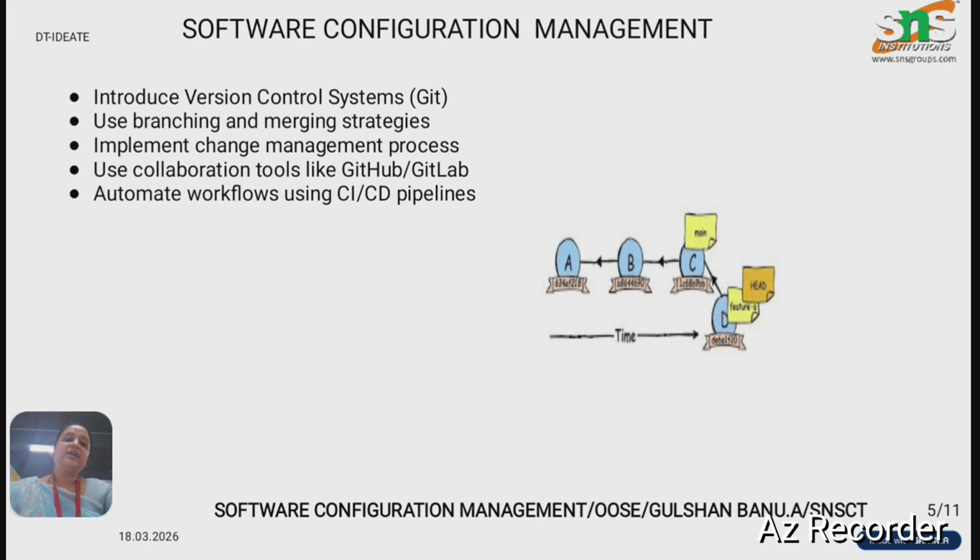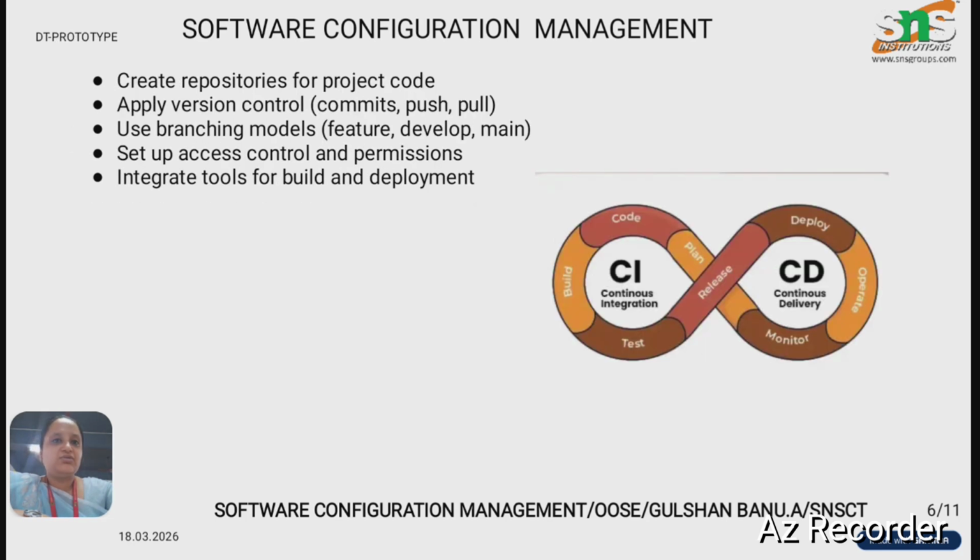These are the different processes involved. You also have to have a version control system, with merging, branching, change management process, and collaboration. You have to automate the workflow of the continuous integration and continuous deployment pipeline also.